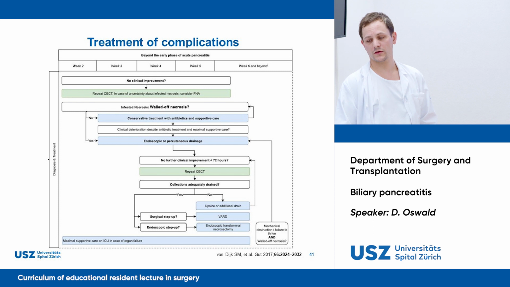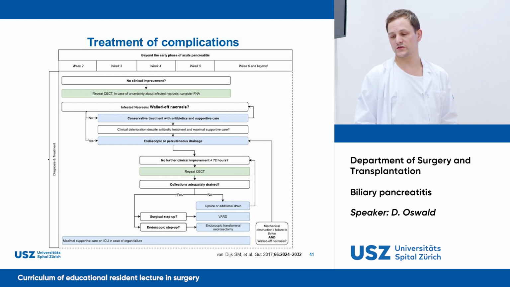If they are walled off, you can do an endoscopic or percutaneous drainage, so you start the step-up approach. If there's no further clinical improvement after 72 hours, you do another CT scan. If the collection is not drained adequately, you can do another drainage and see if the patient gets better. If not, you just start over again, do the CT scan and see if the drainage is adequate.